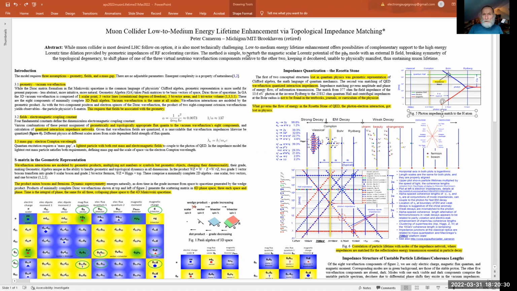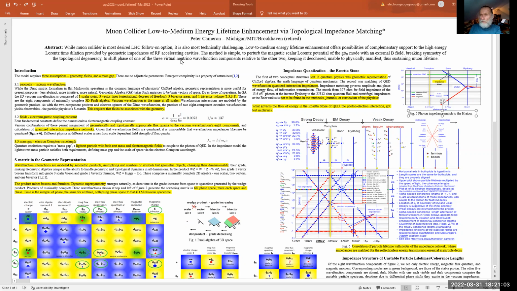So what we're proposing is a simple method to perturb the magnetic scalar Lorentz potential of this particular mode of the neutrino scattering matrix with an external magnetic field, and this supposedly will break the symmetry of the topological degeneracy, the topological ordering that we have in the neutrino wave function, and shift the phase of one of the wave function components relative to the other two.